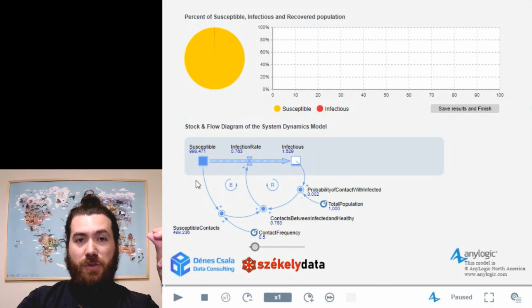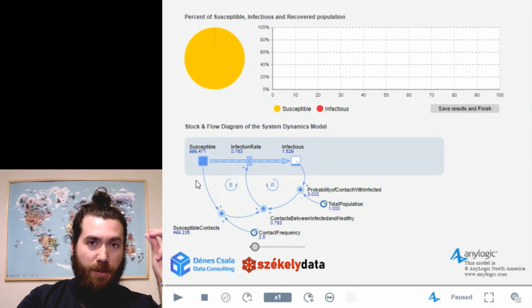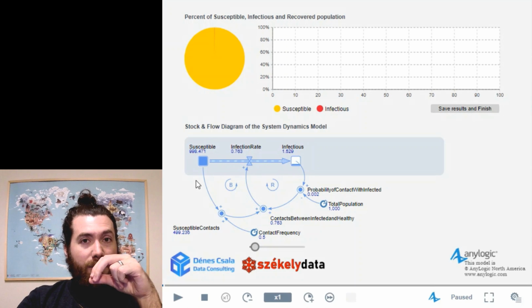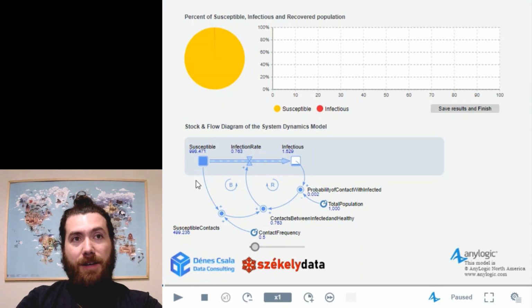We didn't explicitly include the information that it's not only the remaining people, the susceptible stock, who affect this infection rate, but also the number of people who are already infected, right? Because if you get into contact with those people, that actually changes my contact percentage. And now let's call it a contact frequency.